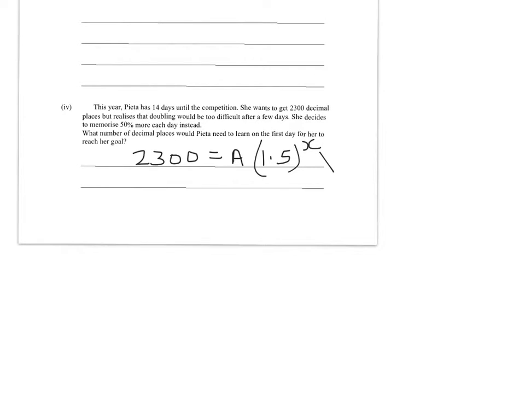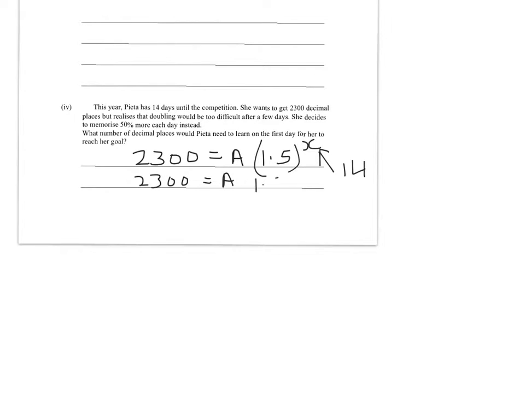Now the number of days is 14. So we've got 2,300 equals what number of decimal places? Well, she needs to do it on the first day. I need to work out what this number in front is.